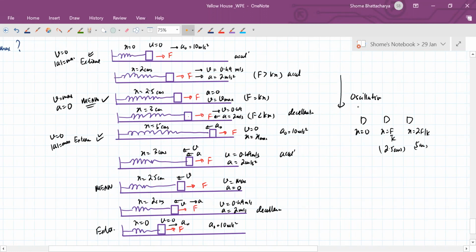Okay. So every time it is at these positions, v will be 0. Every time it's going through the mean position, v can be in either direction, but it will be maximum. Okay. And here, it will have an acceleration like this. But at the mean position, acceleration will be 0.